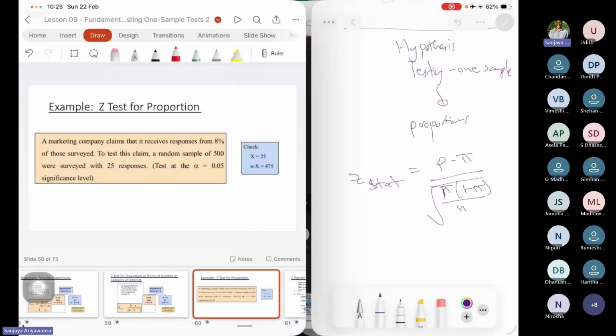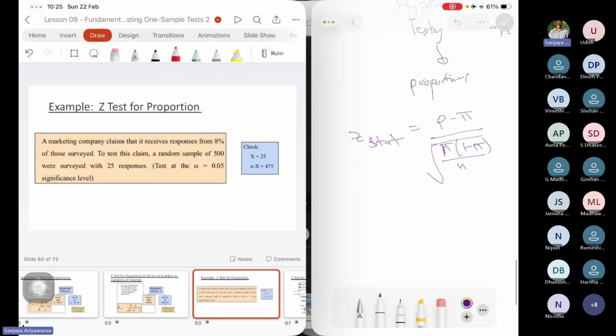Okay, so let's look directly at an example. What are we told? We are told a marketing company claims that it receives responses from 8% of those surveyed. To test this claim, a random sample of 500 were surveyed with 25 responses. So they're claiming H naught: population proportion 0.08.